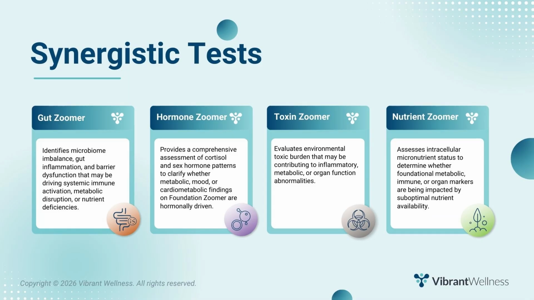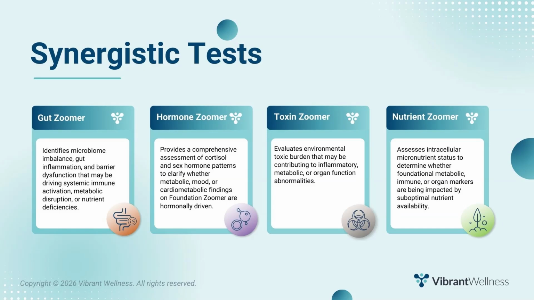Therefore, in addition to Vibrant's Foundation Zoomer, also consider the Gut Zoomer, which identifies microbiome imbalance, gut inflammation, and barrier dysfunction that may be driving systemic immune activation, metabolic disruption, or nutrient deficiencies seen on the Foundation Zoomer. Also, the Hormone Zoomer, which provides a comprehensive assessment of cortisol and sex hormone patterns to clarify whether metabolic, mood, or cardiometabolic findings on the Foundation Zoomer are hormonally driven.